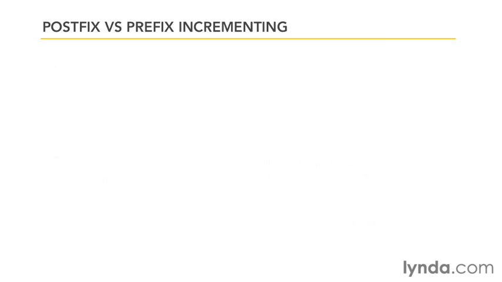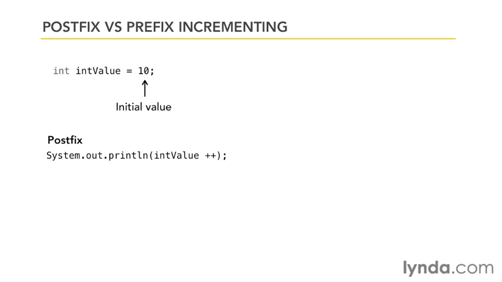When you use the increment and decrement operators, you can place them either before or after the variable name. The operational result will be a little bit different depending on the position of the operator. Once again, starting with the value of 10, a postfix operator looks like this, int value plus plus. When you place the plus plus operator after the variable, you're saying first evaluate the variable and then execute the mathematical operation.